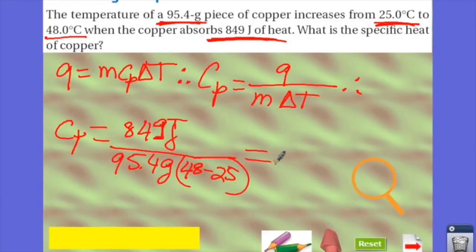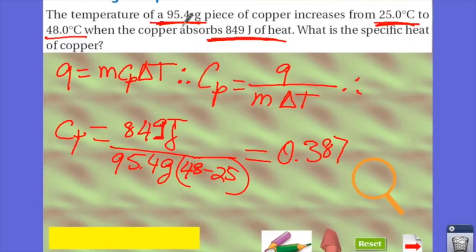Since you have the calculator, you already have the answer for me. 0.387.